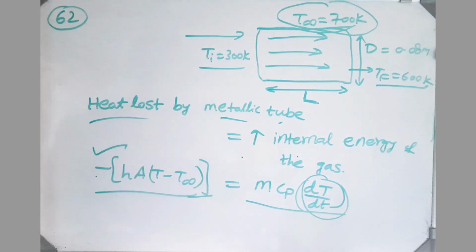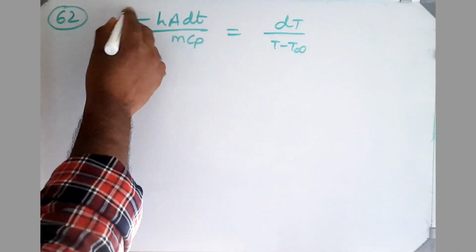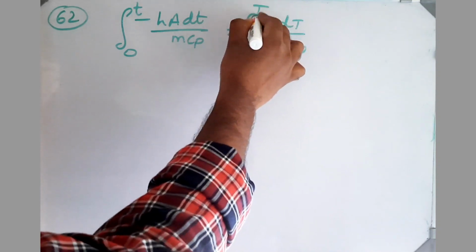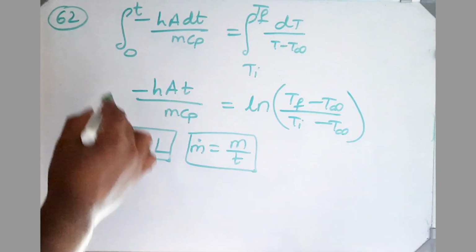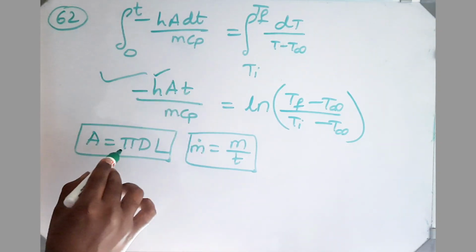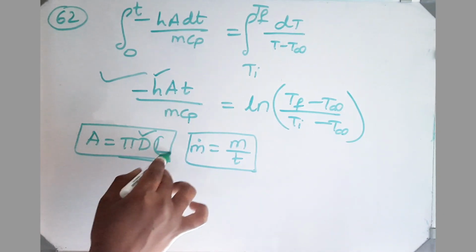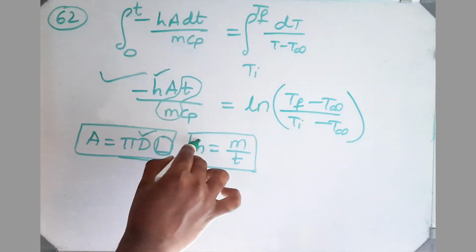So let's rearrange these terms and let's take dt to this side and temperature terms to that side. So friends, after rearranging we get this, and now we integrate from 0 to t and this T initial to T final. Friends, after integrating we get this equation, and now we have everything. h is given, area is pi dL for the cylinder, and we already know the diameter of the cylinder. L is what we need to find out, and m by t is nothing but mass flow rate.